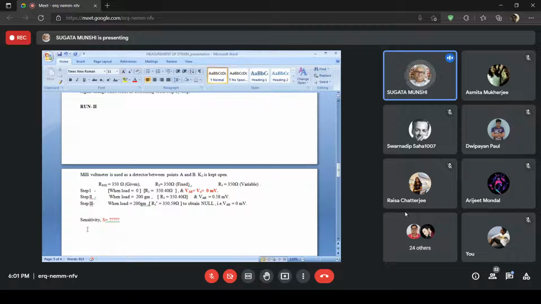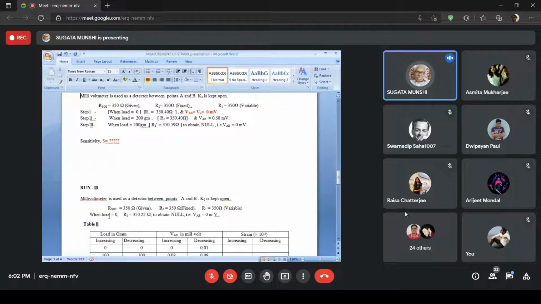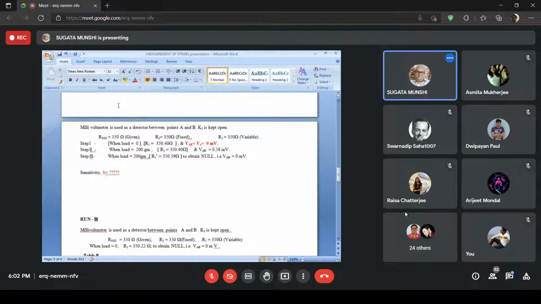So you find out the sensitivity S. You know the definition. VAB by VS divided by delta R by R, etc. What sensitivity value do you expect here?